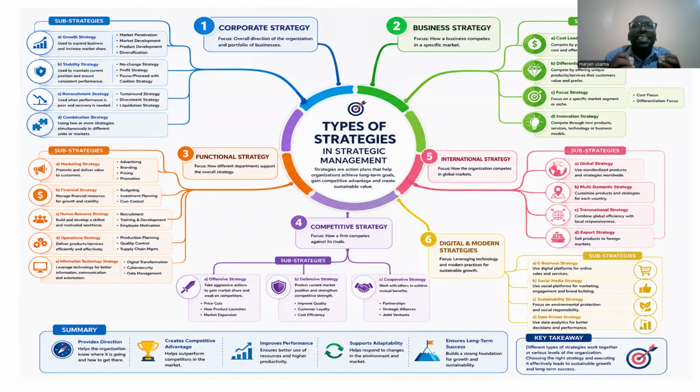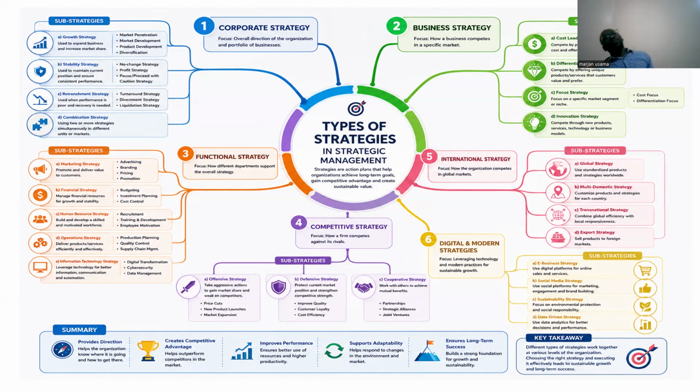The more strategies you have, the better for you. Because you'll have plan A. If plan A fails, you go to plan B. If plan B fails, you have plan C. But if you only focus on one strategy, khalas, if it fails, it's a clear loss.